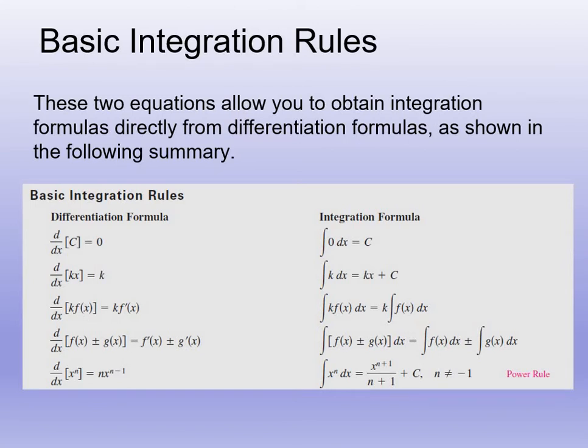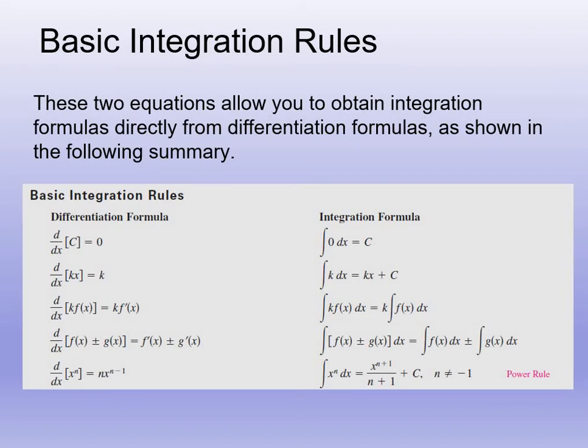So that was an example. If we integrate 2 dx, I would be left with 2x plus c. Okay, next one. If I have some sort of constant times a function, I can pull that constant out. So if I'm integrating kx, let's say, the k can come in front, and the integral of x, my antiderivative of x is x squared over 2.